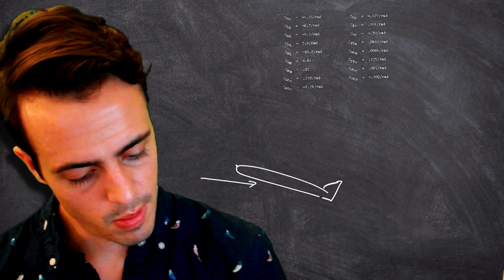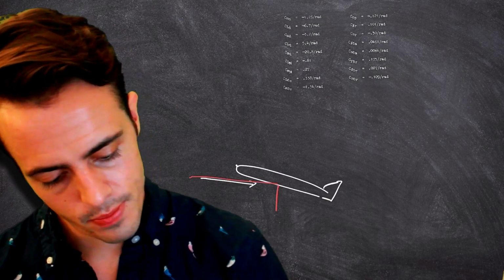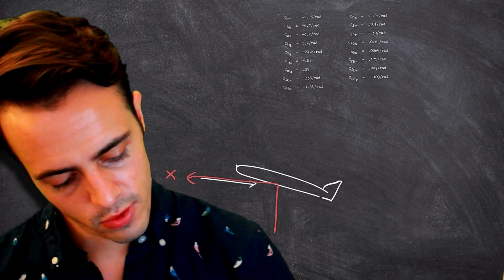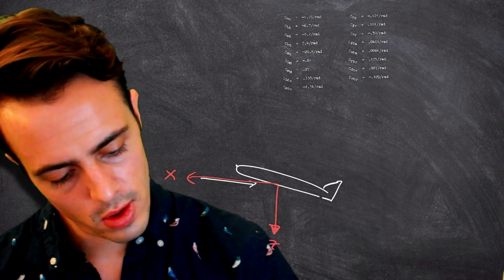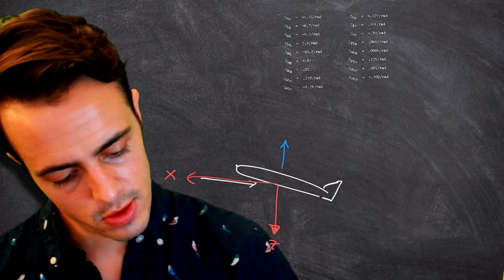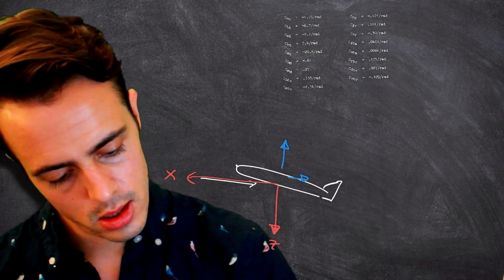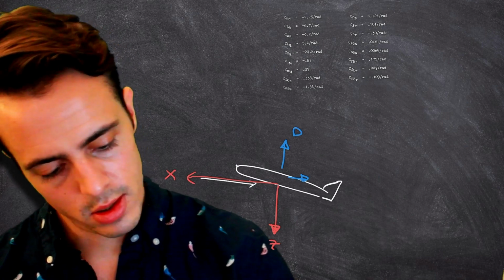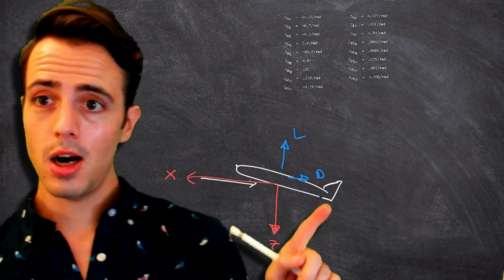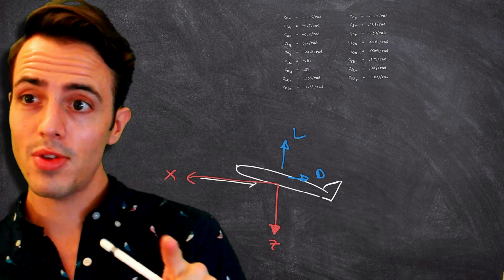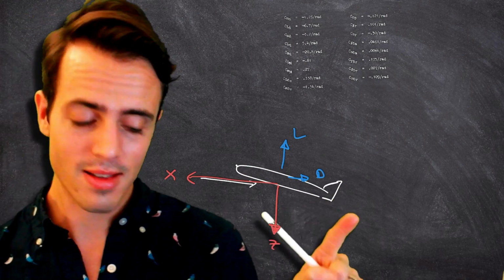This means that our stability axes are along here. So I have my X force and my Z force, and then my lift and drag, sorry, that's the wrong one. Lift and drag are opposing this axis. So CX is equal to minus CD.